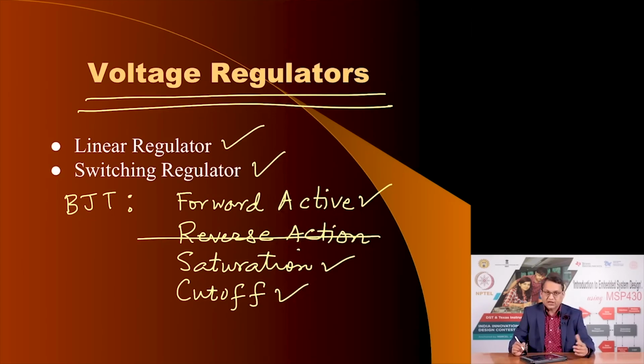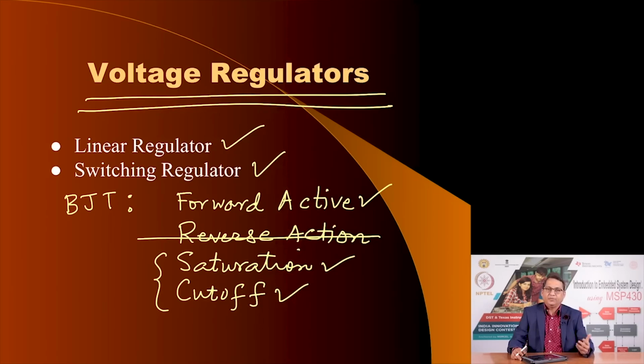Now, such circuits in which the transistor primarily operates in the forward active region lead to a class of regulators we call linear regulators. On the other hand, if you do not want the transistor to operate in the forward active region, you could operate it in the switching region using saturation and cutoff.